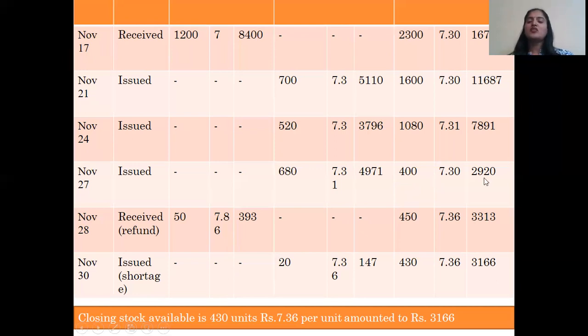And 2,920 was the balance, and the amount now is 393. Add these two, you are going to get 3,313. Now you need to calculate the cost per unit. So 3,313 divided by 450, you are going to get the cost per unit 7.36.